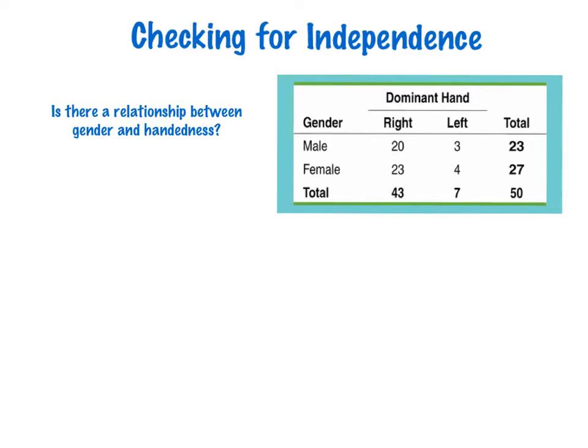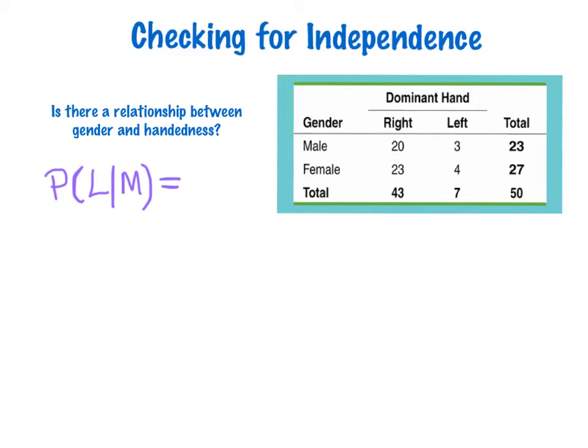So suppose we know that the person we've chosen randomly is male. There are 23 males, and of them, 3 of them are left-handed. So here's what we have. The probability of being left-handed, given I know I have chosen a male person, is 3 left-handed people out of 23 total.